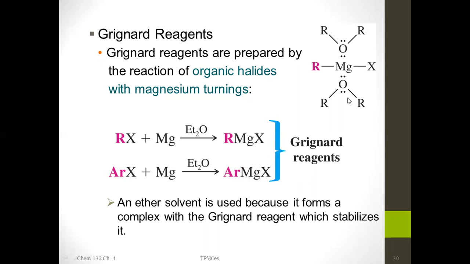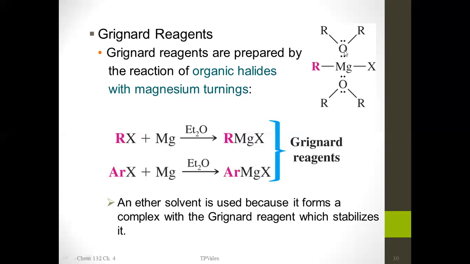So what is RMgX? It's actually a complex. The alkyl group is negatively charged, bonded to your magnesium, and you have your MgX, and surrounding this Grignard reagent is your diethyl ether.